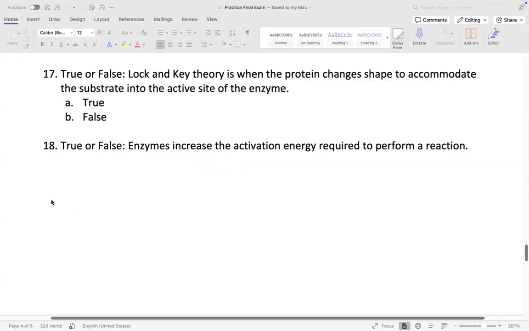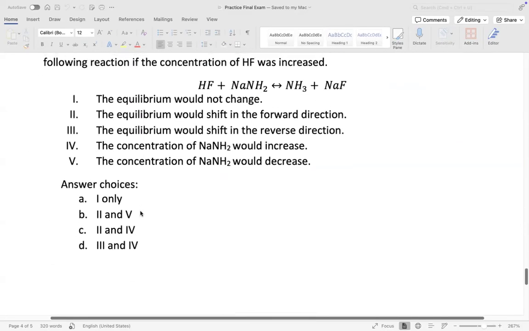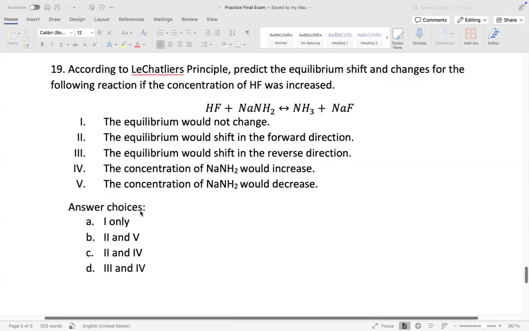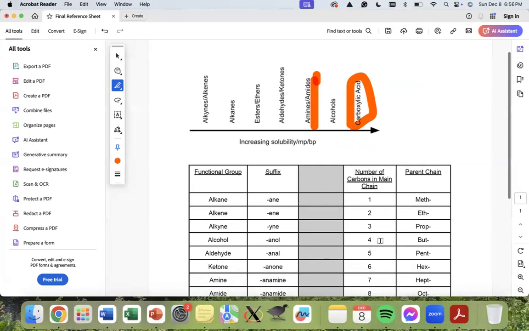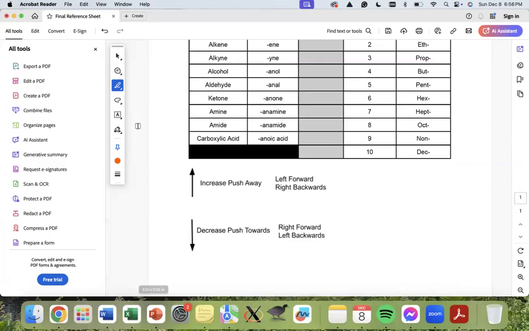Last question on our practice exam, number 19. So, this is Le Chatelier's principle. This is the very last thing that we stopped at on the module 7 lecture. I ended up deciding to give you in the reference sheet what happens, basically.